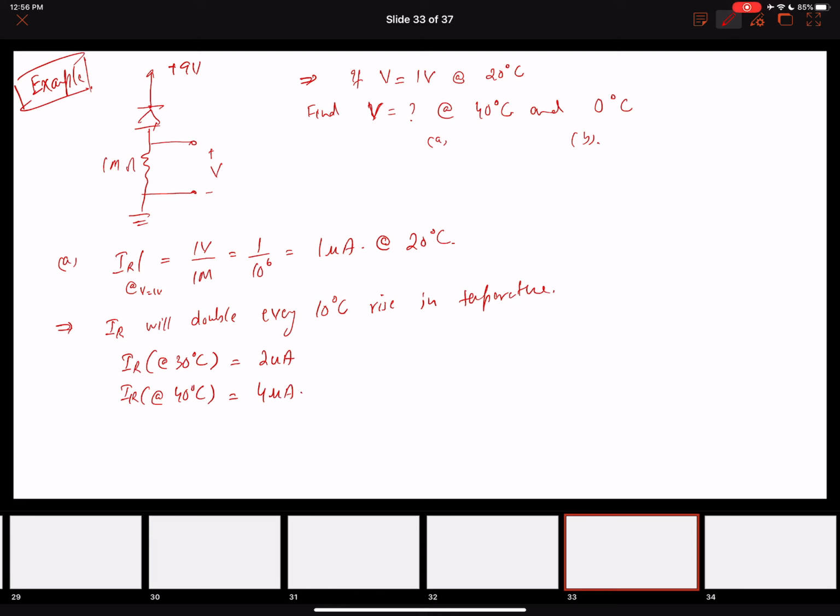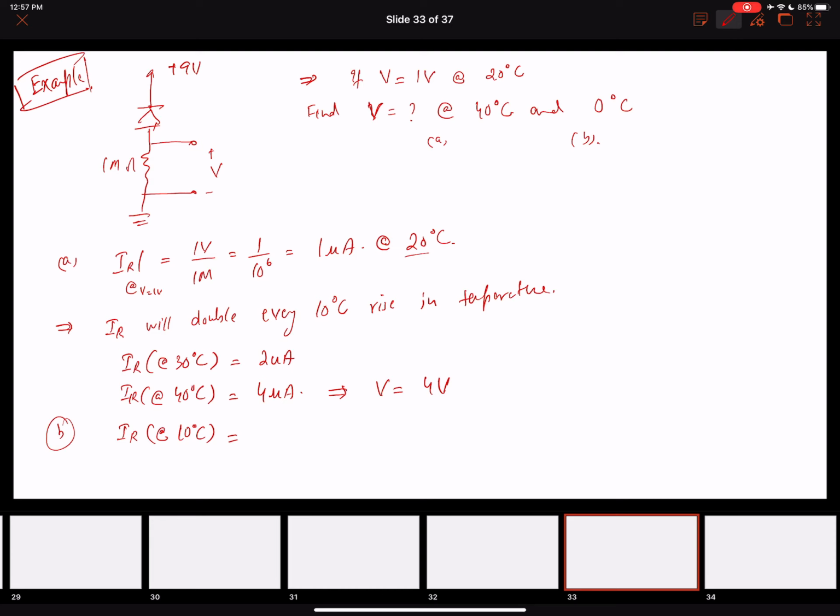And when IR at 40 degrees Celsius is 4 microamperes, the potential drop across the resistor will become 4 volts. Similarly, IR at 20 degrees Celsius is 1 microampere. If it doubles for every 10 degrees Celsius rise in temperature, it will halve for every 10 degrees Celsius drop in temperature.